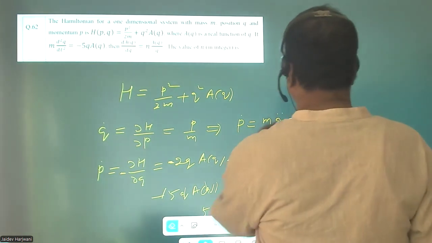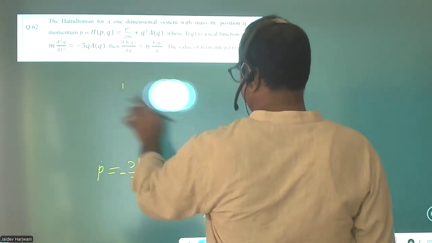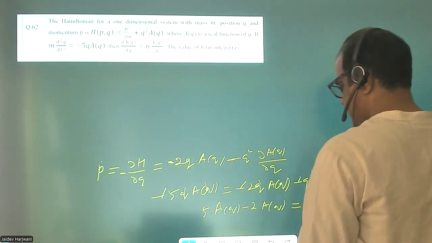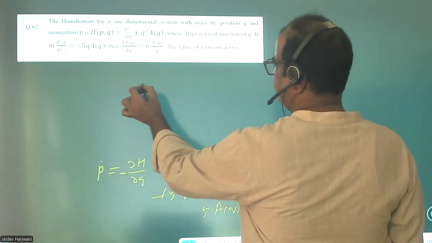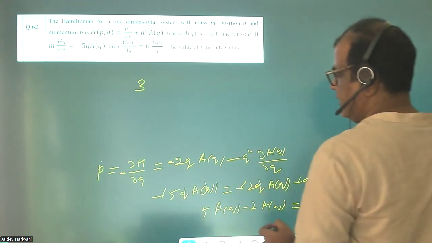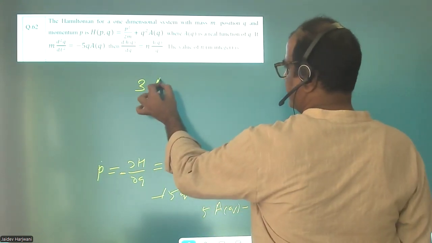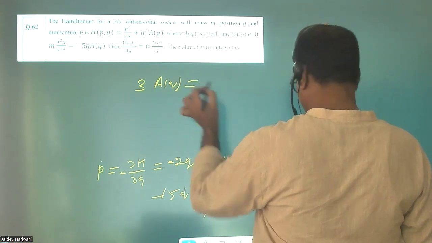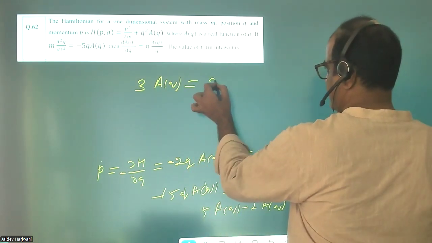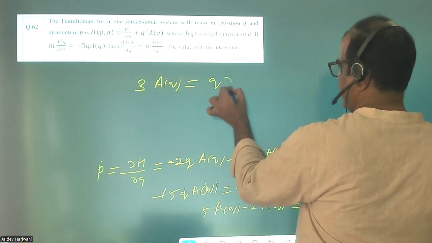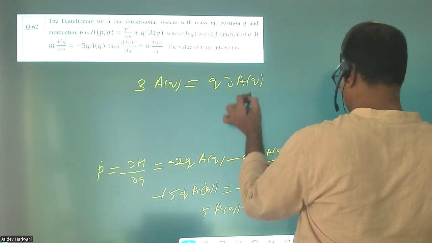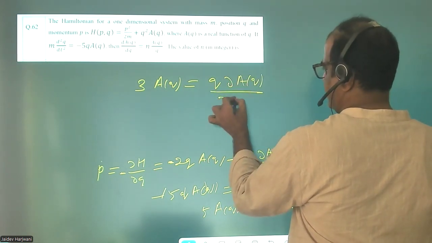And now if you solve this one, what should it give? This gives me 3 AQ is equal to q del AQ upon del q.